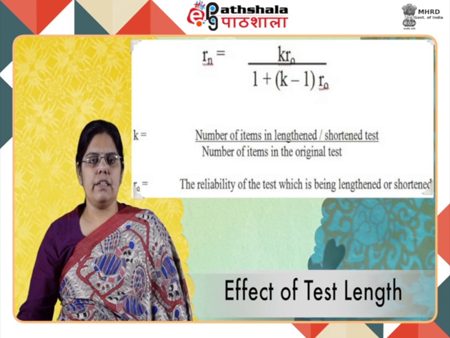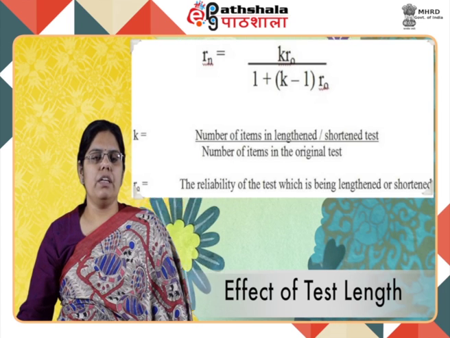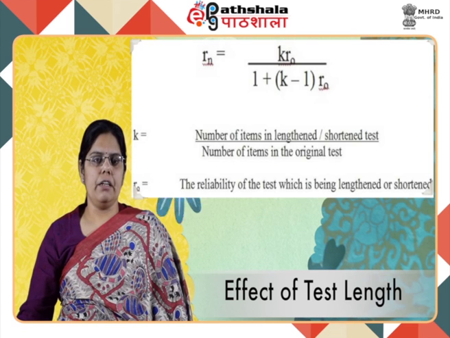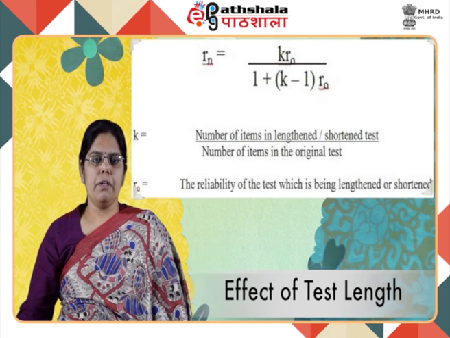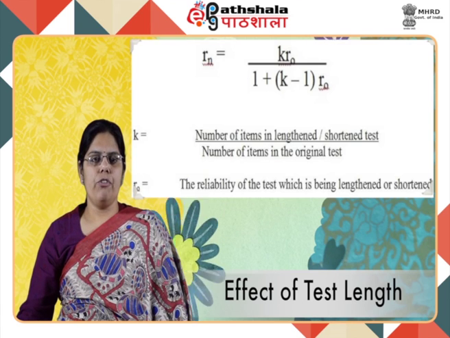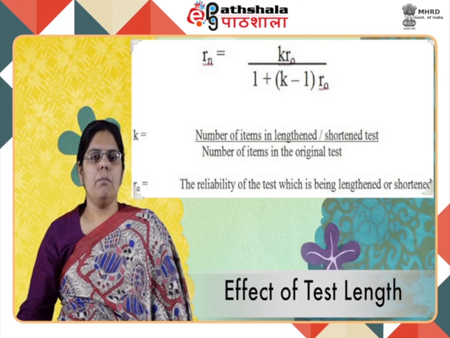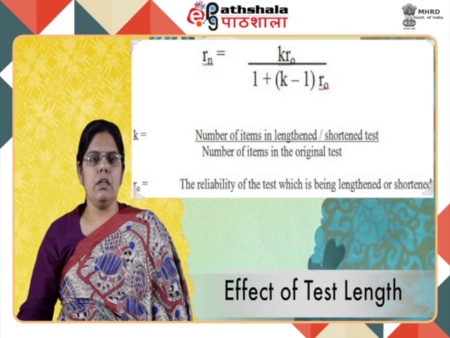In this particular example, we will first calculate the value of K, which is 45 divided by 100 equals to 0.45. Putting the values in the Spearman-Brown formula, the new reliability would be 0.45 multiplied by 0.50 divided by 1 plus 0.45 minus 1 into 0.50.